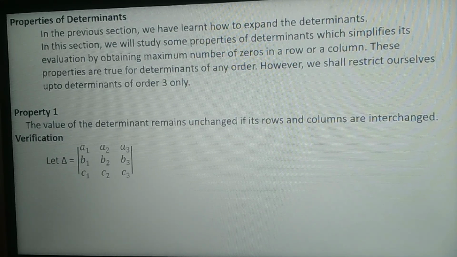Verification. Let delta be equal to determinant A1, A2, A3, B1, B2, B3, C1, C2, C3.